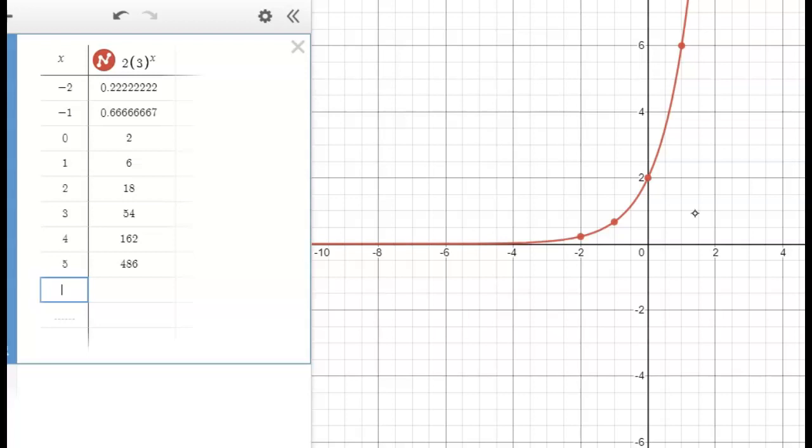That's my y-intercept. Where do I get my 3 from? Remember, any one of these, 6 divided by 2 is 3, because I did consecutive numbers. And even this 0.6 repeating divided by 0.2 repeating is 3. 2 divided by 0.6 is 3. Any of these consecutive numbers, when I divide one by the previous number, I'm going to continue to get 3.